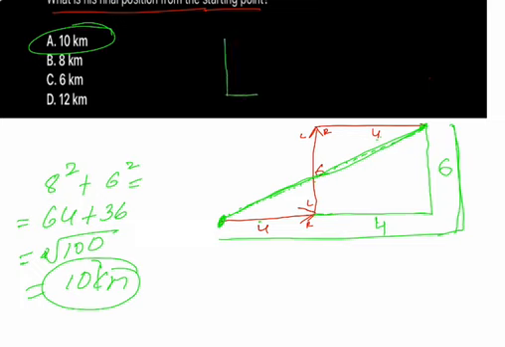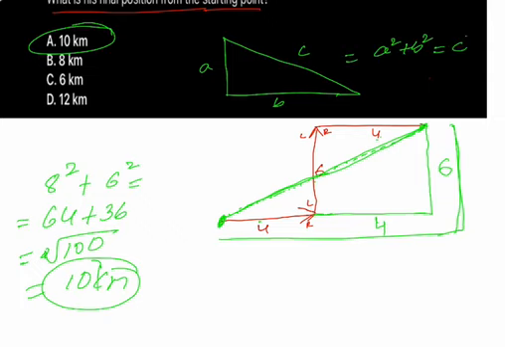I already explained the Pythagoras theorem. If this is A, this is B, this is C, A square plus B square equals C square, or the square root of the sum of squares equals the hypotenuse.